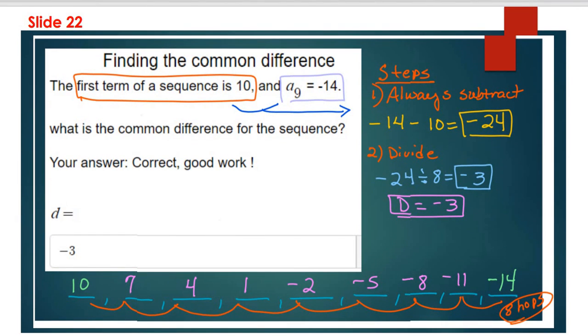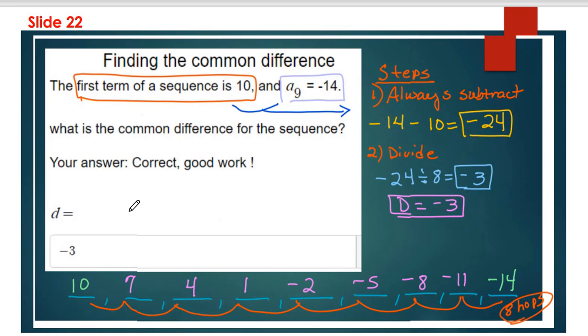Slide number 22. On slide number 22, you're finding the common difference. The first term of a sequence is 10, and the ninth term is a negative 14. So as you're looking at this right here, you're going to have to come up with the common difference. The first step, always subtract. So the difference between the last term that they gave you and the first term.